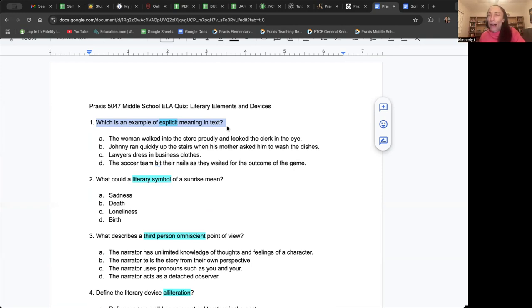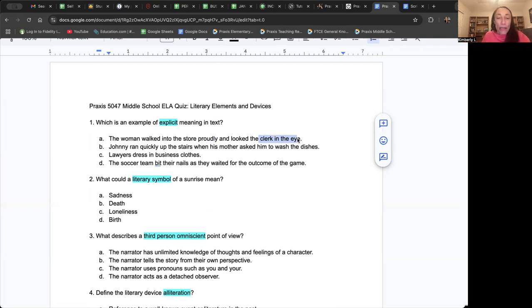There's kind of a story behind this sentence. It's not directly stated why she's proud, or why she looks the clerk in the eye. Is it something that happened to her that day? Did she get a new job? There's not really a distinct story that we can see just as the sentence is written.